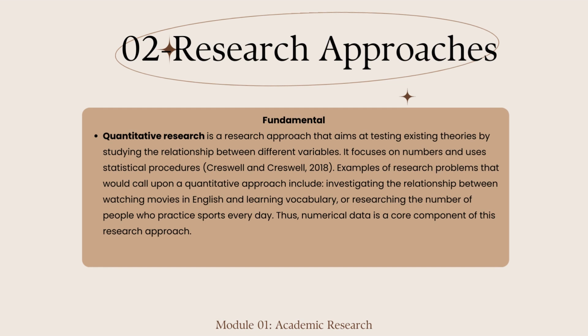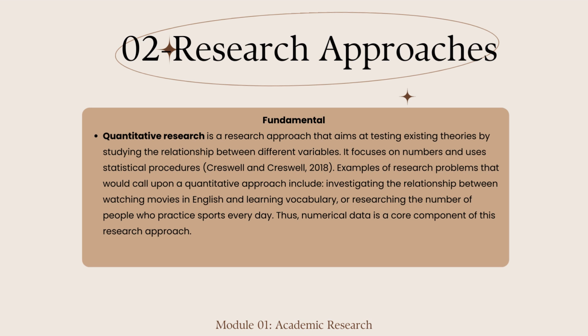Okay, so quantitative research is a research approach that aims at testing existing theories by studying the relationship between different variables. It focuses on numbers and uses statistical procedures. Examples of research problems that would necessitate a quantitative approach include investigating the relationship between watching movies in English and learning vocabulary, for example, or researching the number of people who practice sports every day.